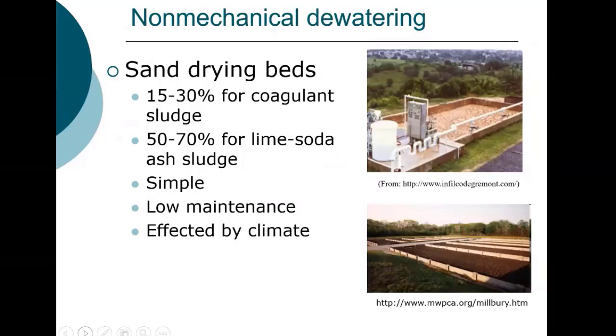We can also use sand drying beds. In this case, there's sand and the water actually permeates through that sand and then is collected. These are, again, simple and low maintenance, but they're affected by climate, as is the lagoon system. And they require a significant amount of land area.